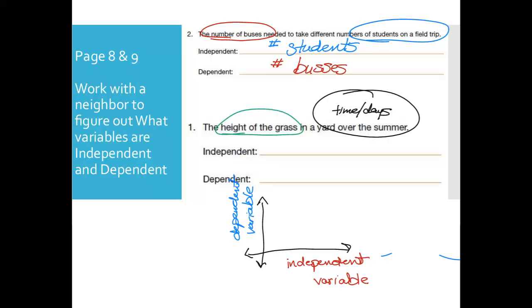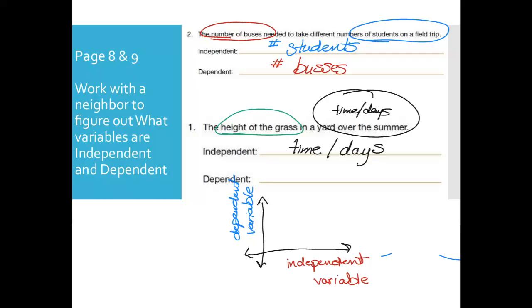Number one, now that we have the variables, this one might be a little bit easier, or maybe not. Which one is the independent here? Time/days is independent. What do we think? Yes? And just because I write it down right away does not mean that's the right answer.